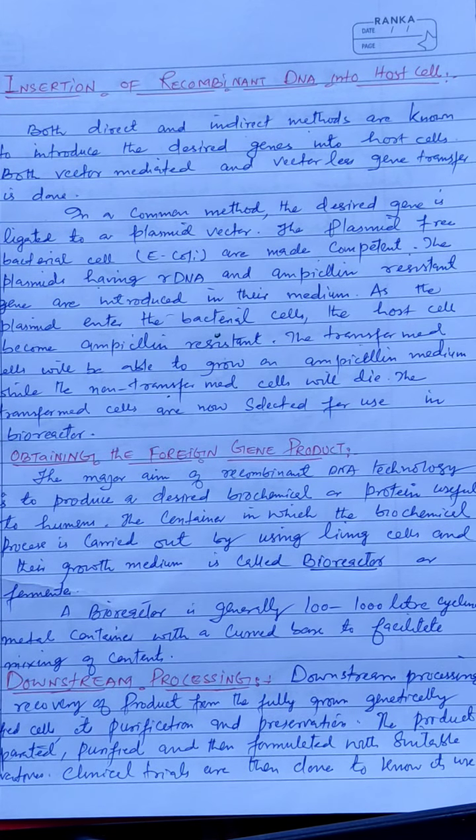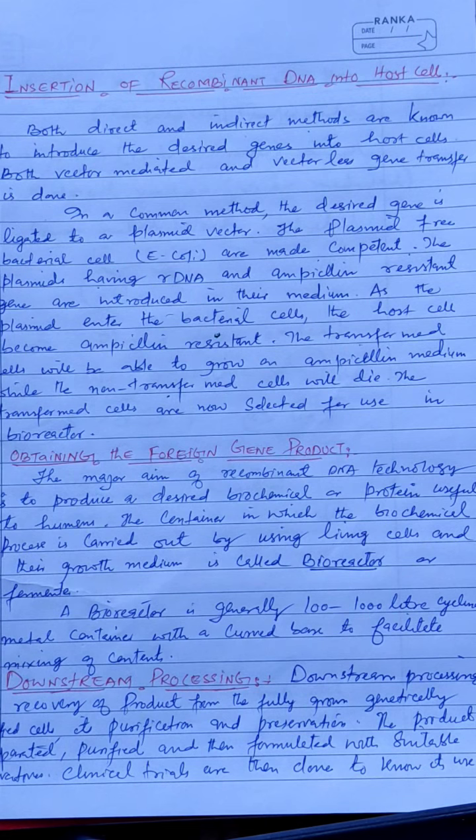That means they have not taken up the recombinant plasmid with that ampicillin resistance gene, which acts as a marker. So in this way we can separate the transformed from non-transformed cells. These transformed cells or recombinant DNA based cells are used in bioreactors. Now we are going to transfer these transformed cells into a bioreactor.